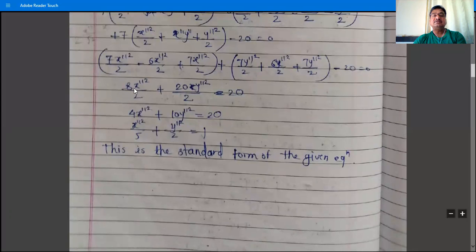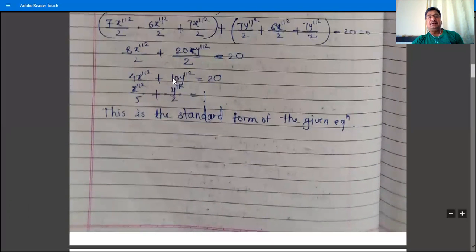So this is 8 x double dash square by 2, because 7 plus 7 is 14 minus 6 is 8, and 7 plus 6 plus 7 is 20, y double dash square by 2 is equal to 20.